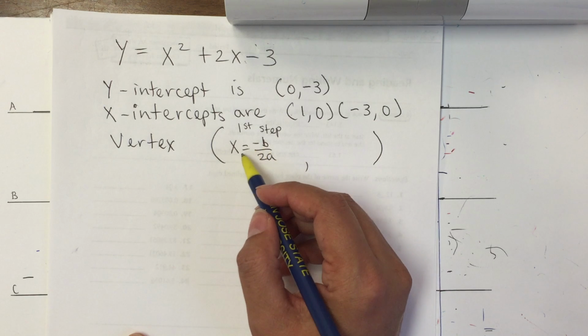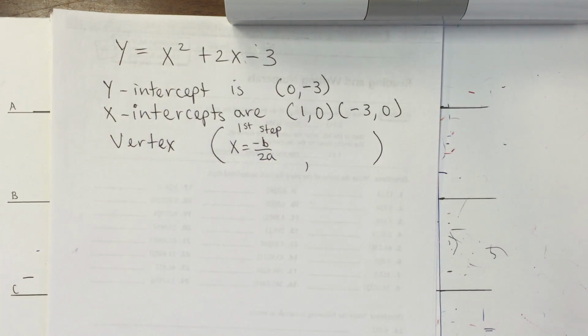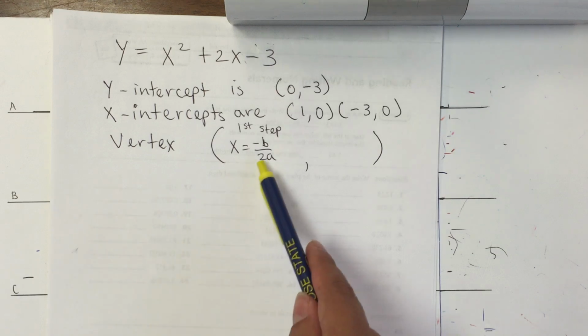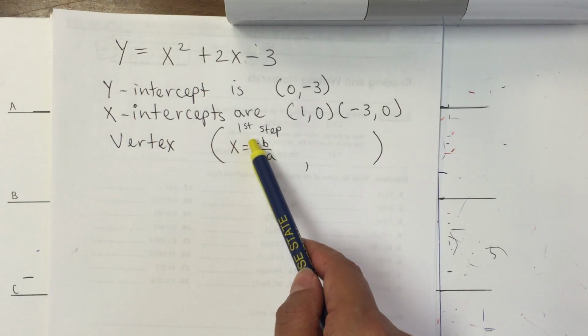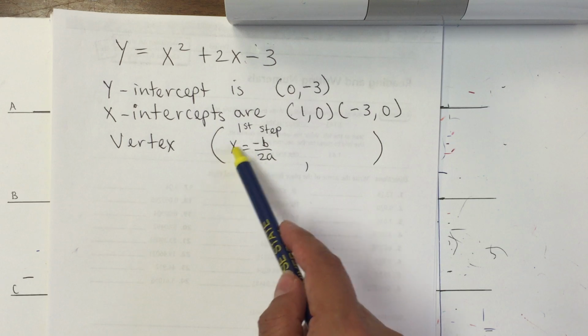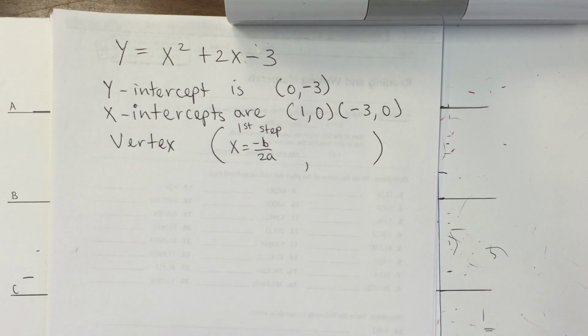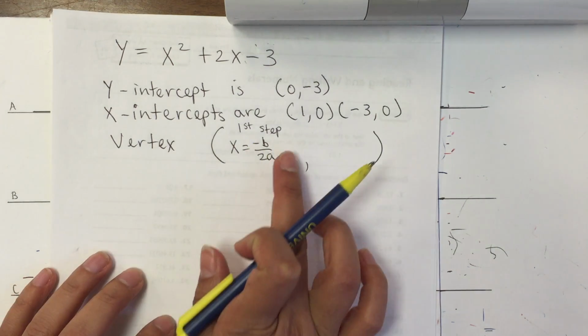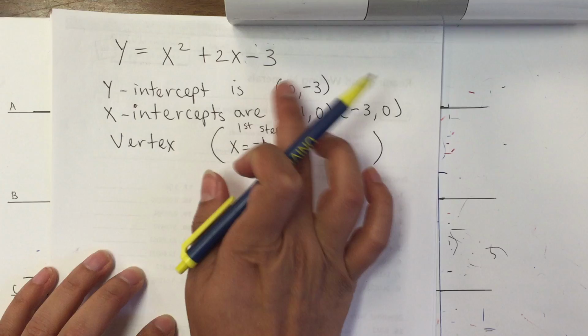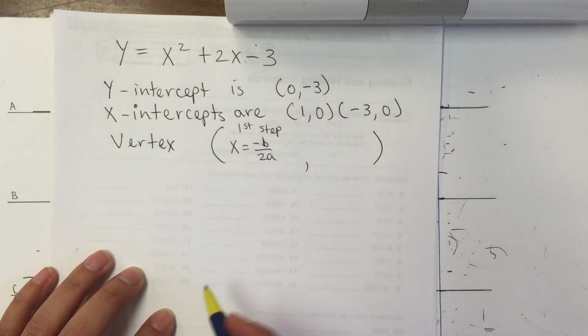From the quadratic formula, x equals -b plus or minus the square root of b squared minus 4ac all over 2a. So it's the beginning and the last part of the equation. x equals -b all over 2a. And that's how you're going to find the x value of the ordered pair for the vertex.